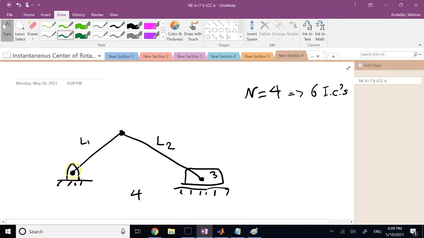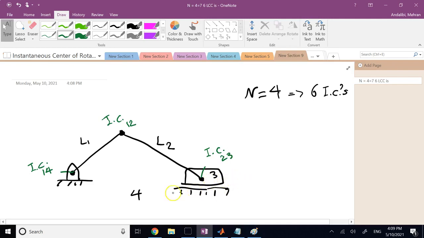So here, this is I of 1 with respect to 4, or IC of 1 with respect to 4. This is 1 with respect to 2. This is 2 with respect to 3.